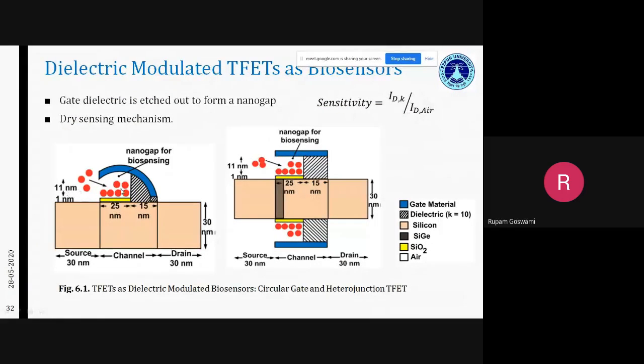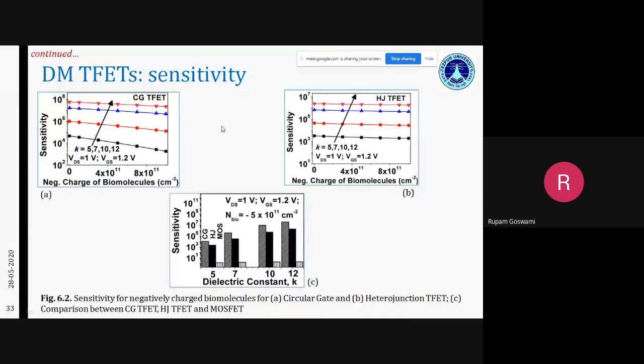So it means first I will check the drain current of these devices when this nano gap is empty, or filled with vacuum or air. So I will measure this at a dielectric constant of 1, which is the permittivity of free space. After that, I will put the biomolecules and again measure the current, then take this ratio and express it as a sensitivity.